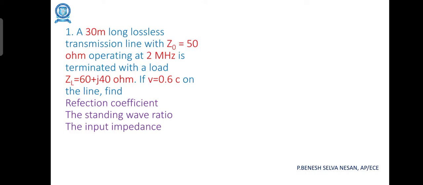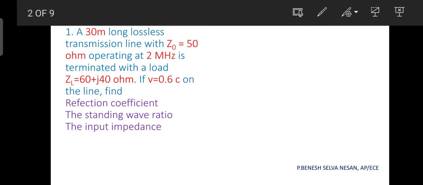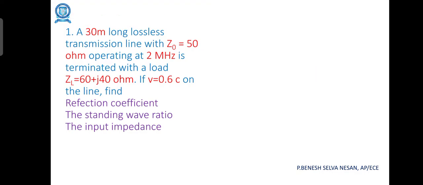The first step is to find the normalized impedance value, because the given impedance value is 60 plus J40 ohm, which we cannot plot directly onto the Smith chart. So first we have to find the normalized impedance value. You divide the ZL value by the characteristic impedance.